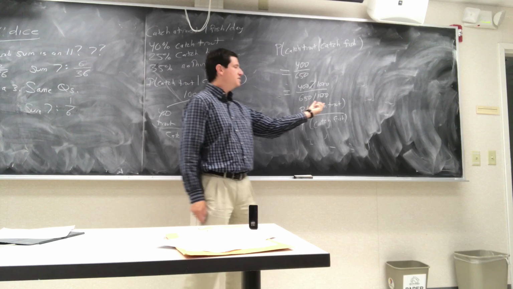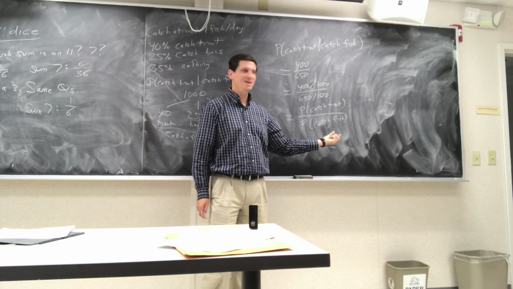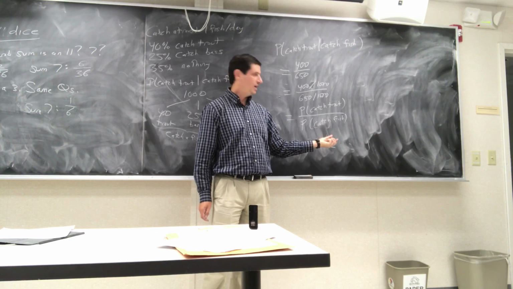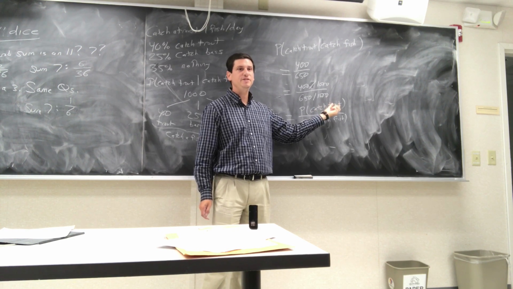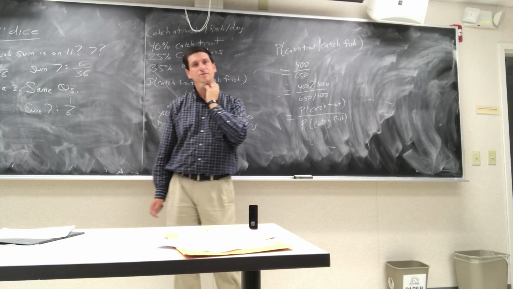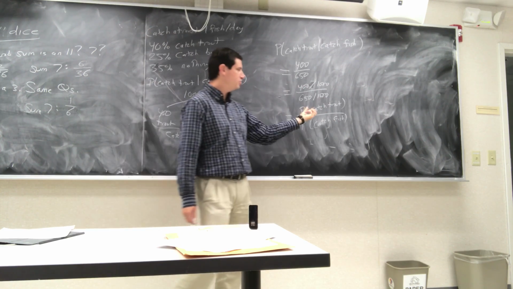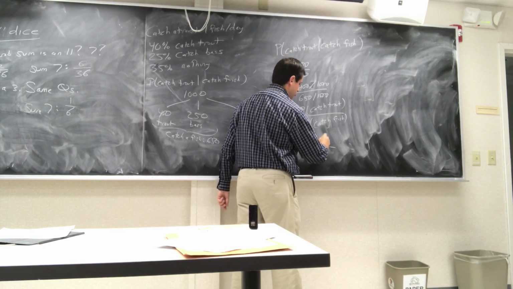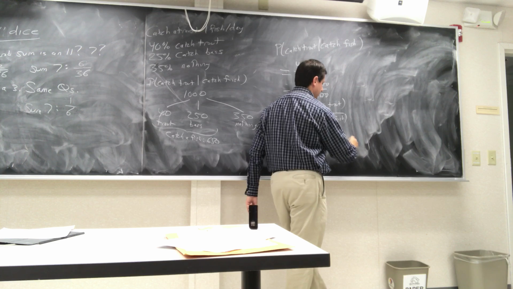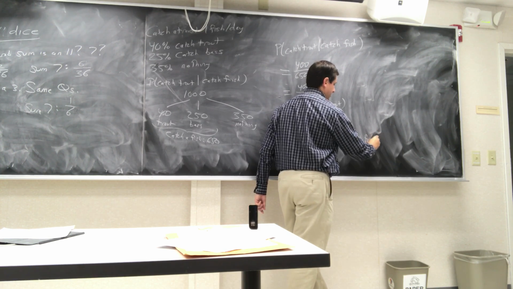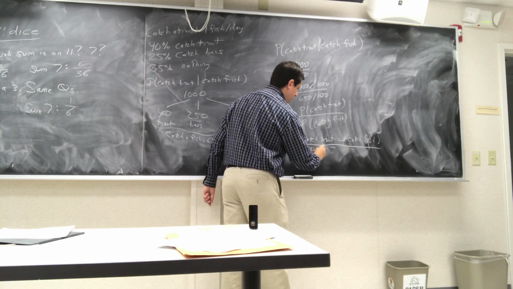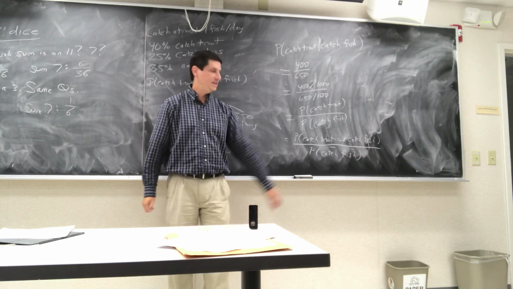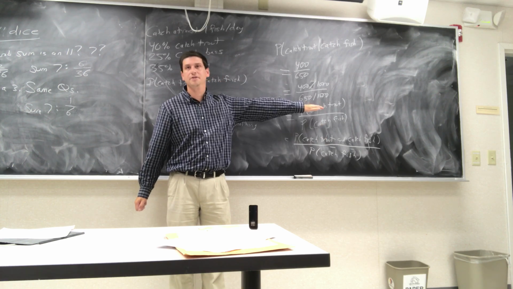We wanted the probability of A intersect B divided by the probability of B. This is just the probability of A divided by the probability of B. It really should be, I'm sorry, the probability we catch a trout and we catch a fish. So we want the probability catch trout and catch a fish divided by the probability we catch a fish. Right? This is A intersect B. This is just A.